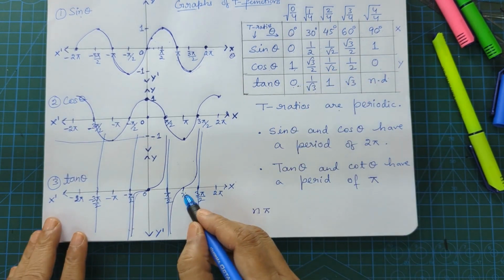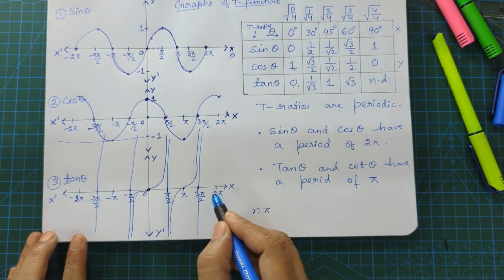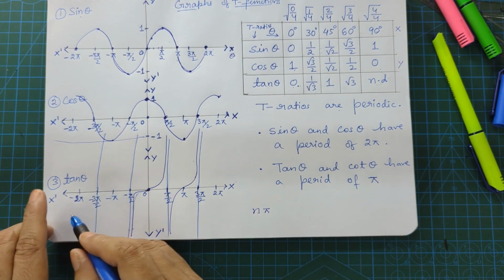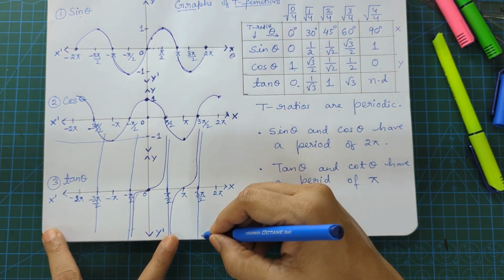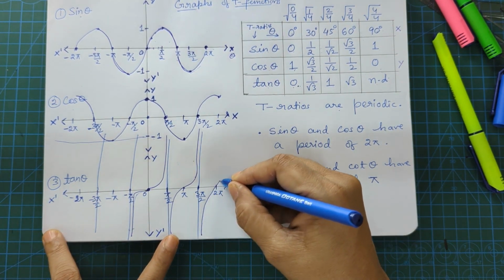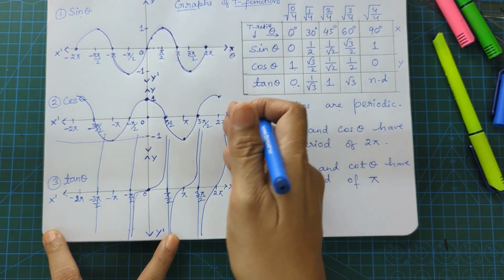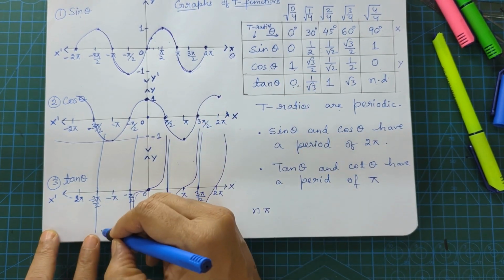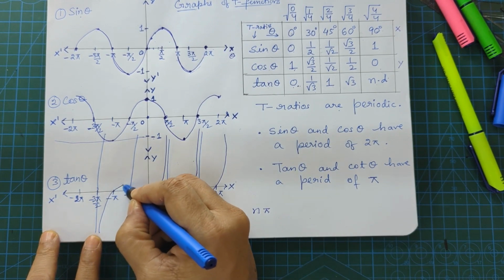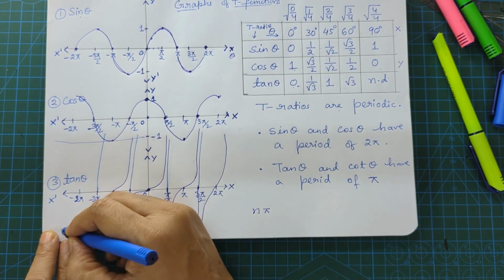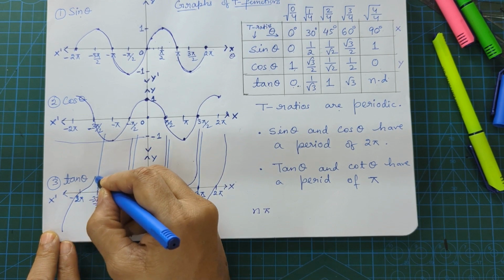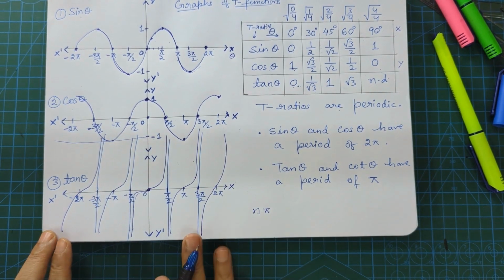That is why wherever we see pi or multiples of pi, the tan graph will cross like this. So here there is the 5 pi by 2 line, and here also the graph is similar. There's a lot of symmetry. These are nice symmetrical graphs. This is how the tan graph looks.